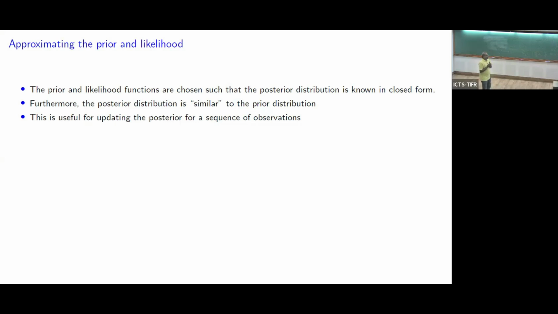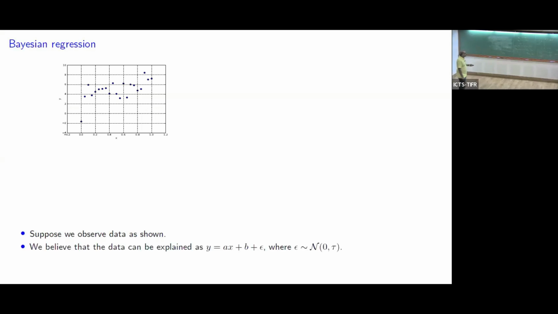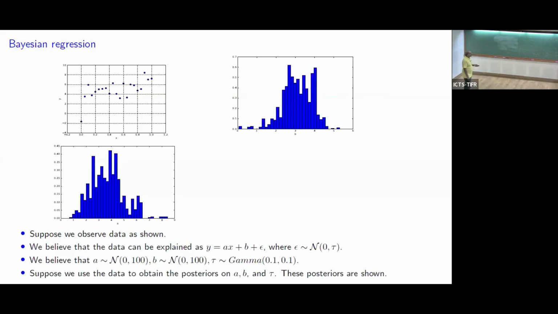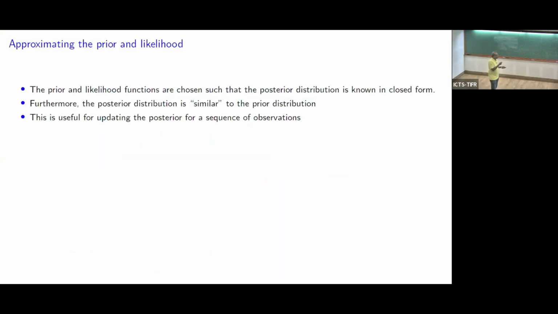For example, if the prior that you have is Gaussian or normally distributed, and if you also assume a model where the noise is Gaussian, so that the likelihood function is Gaussian, then it becomes easier to do this Bayesian update, because there is a formula that comes about very easily.